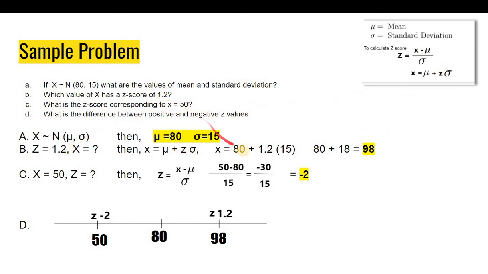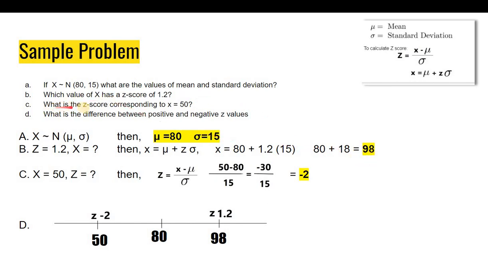Given na 1.2, multiplied by standard deviation, 15. So, 80 plus 1.2 multiplied by 15. Unahin muna natin to. 1.2 times 15 is 18 and then plus the mean of 80. So, our answer is 98. So, yun yung value of x for a z-score of 1.2.